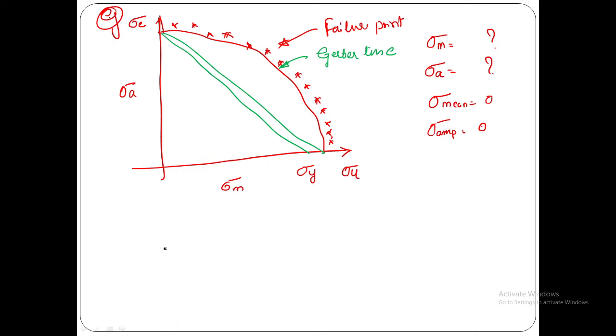If the component is subjected to completely reversal stress, what is the value of sigma amplitude and what is the value of sigma mean? Someone give the answer.